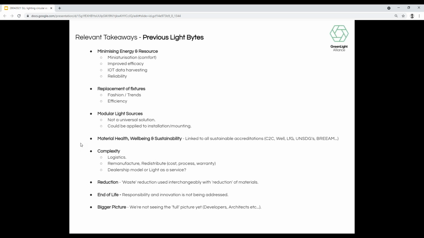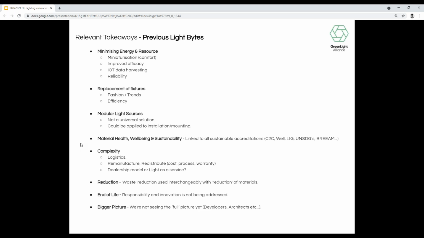So that's just something we need to make sure comes into our lexicon a bit more. End-of-life responsibility and innovation isn't something that's being addressed, and that's not necessarily a criticism of manufacturers. It's something that the whole design community needs to look at, and hopefully we can discuss that further later today.